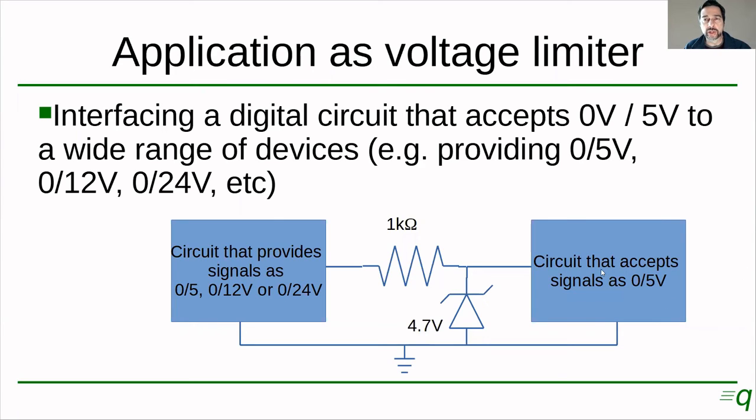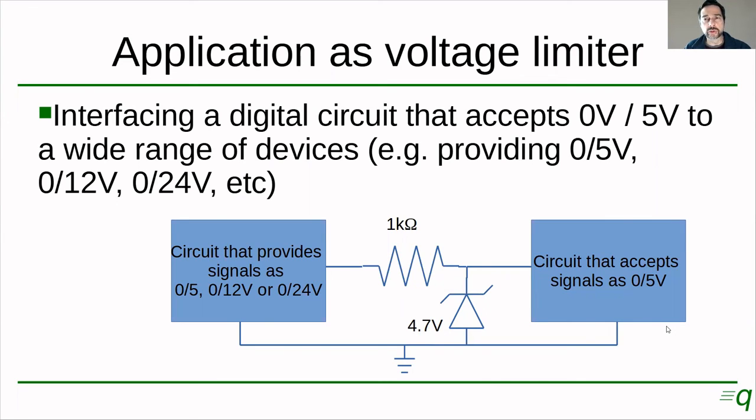For instance, we have some kind of digital circuit that accepts signals as 0 and 5 volts. So digital circuits work in binary. So 0 is represented internally like a 0 in a binary notation, and 5 volts represents a 1, right? But the problem is that if you put more than 5 volts into this circuit, you may be damaging it.